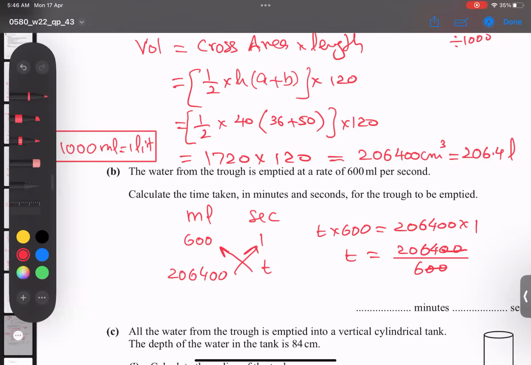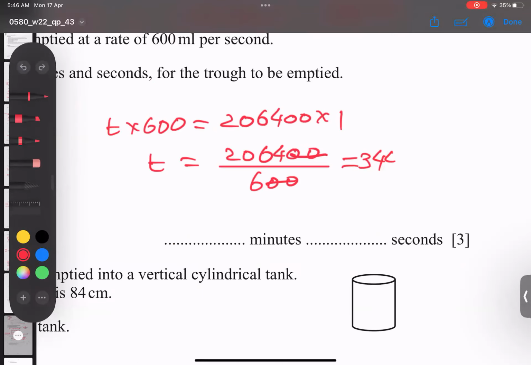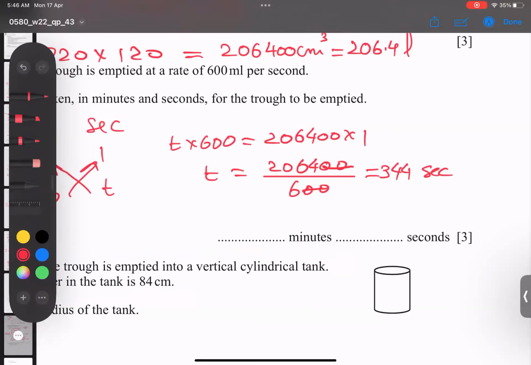So I hope it is clear, but 344, I got seconds. He said no, I need it in minutes. So you know how to convert, students? All of you know that from seconds to minutes, if we want to convert, divide by 60. So I'm going to do the converting now, have a look here.